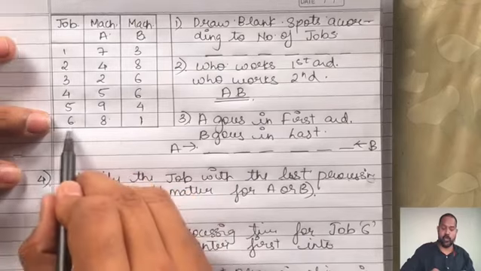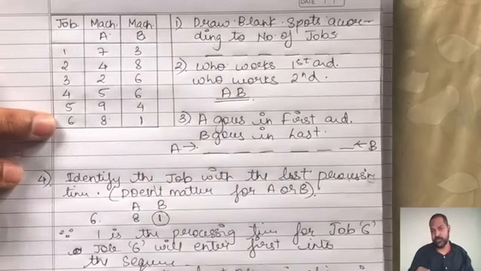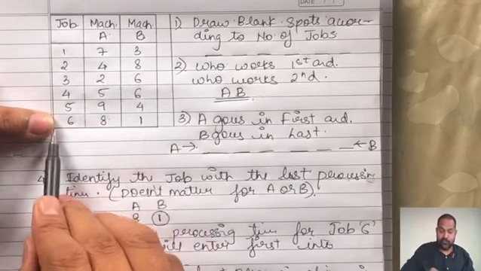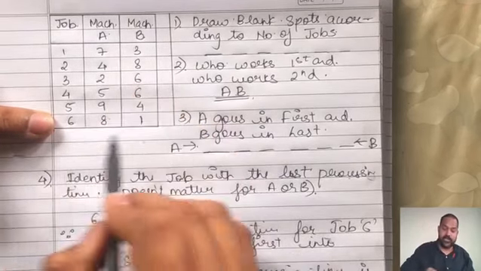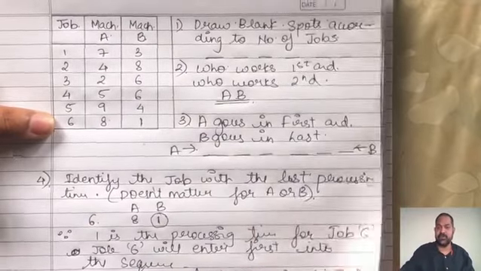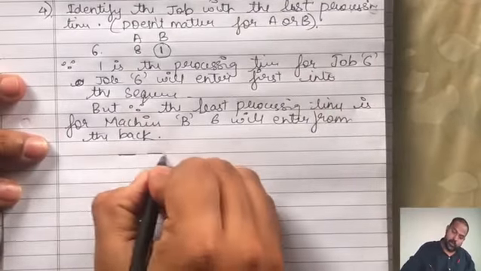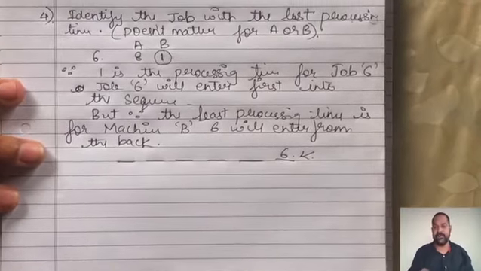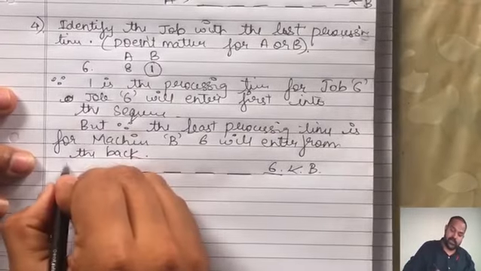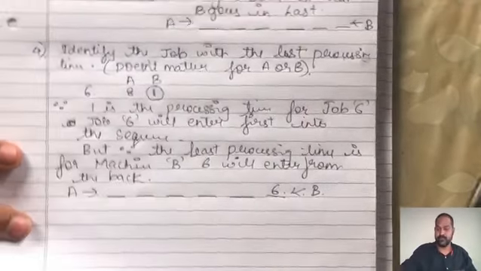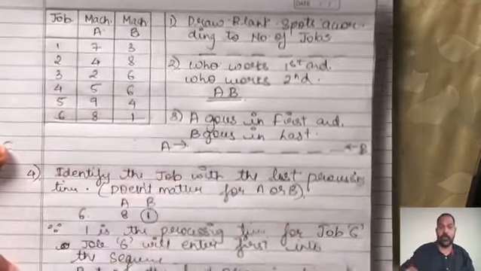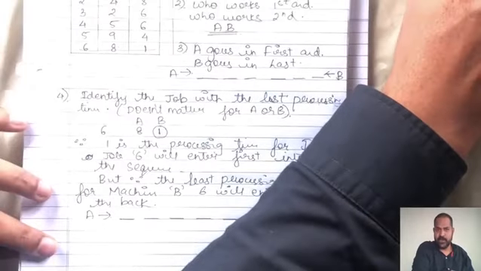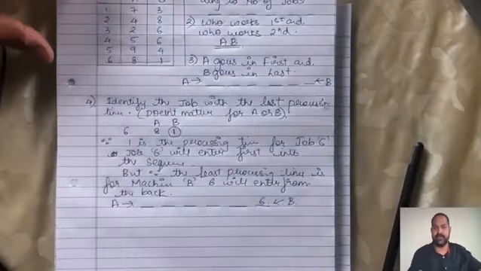This 1 is for whom? Job 6. Then job 6 will go first into the sequence. But sir, from where? Front or back? Well, the least time for 6 is for machine B or machine A? It's for machine B. Then machine B enters from the back. Then 1, 2, 3, 4, 5, 6. This is from where 6 will enter, because the least time for 6 was for B. Done? Remove 6 from your table because 6 is in the sequence now. So I don't need to look at 6 again.